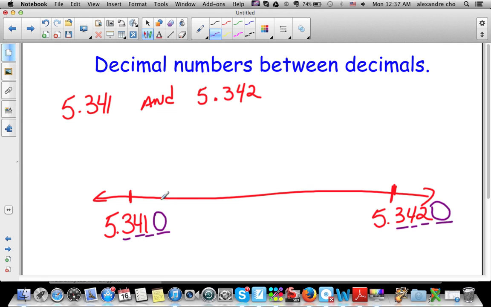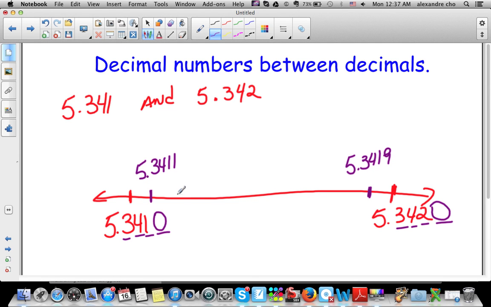Okay. So the next number right after 5.3410 will be 5.3411. The one right before this would be 5.3419.